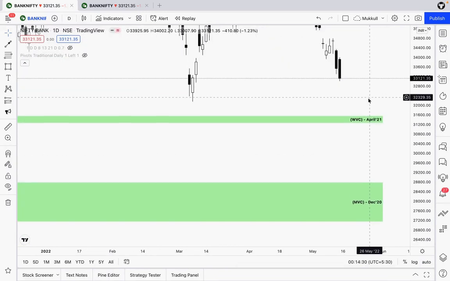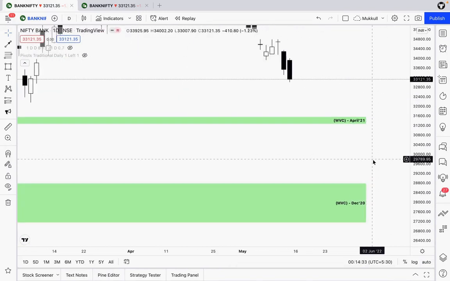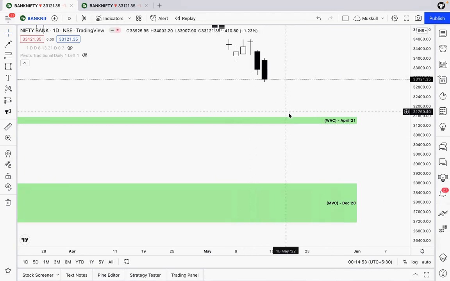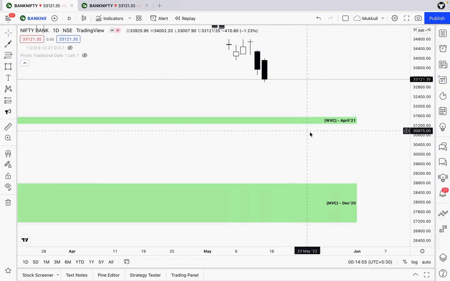Okay, see what we have for Bank Nifty. We have two levels here. We have particularly a virgin weekly CPR of April month 2021, and also a monthly virgin CPR of December 2020. So this level will be safeguarded unless and until we break this particular pivot order block.